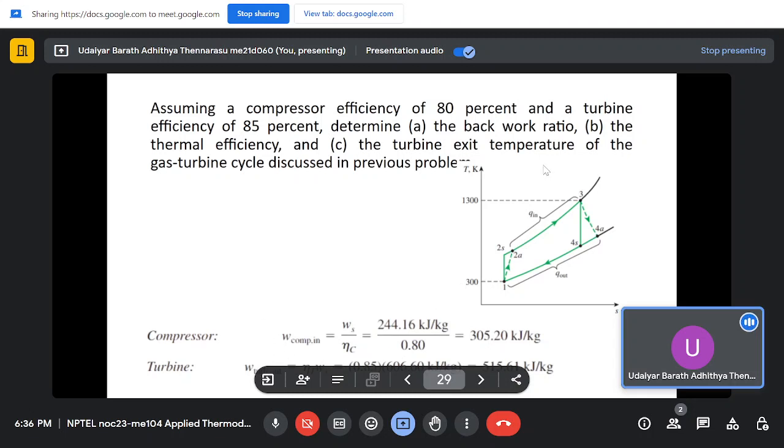So now for this case, your compressor work will increase to 305.2 kilojoule per kg. Then similarly, the turbine output will reduce from the isentropic turbine work output. So your actual turbine output will be isentropic turbine output times the efficiency of the turbine. So previously it was 606.6 times 0.85, so it will come out to be 515.61 kilojoule per kg.